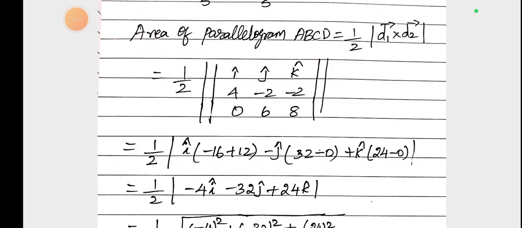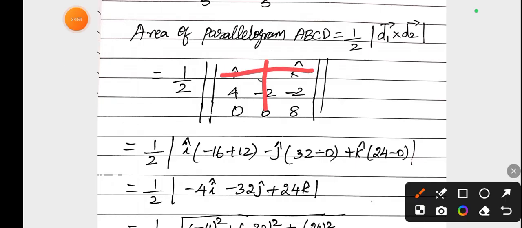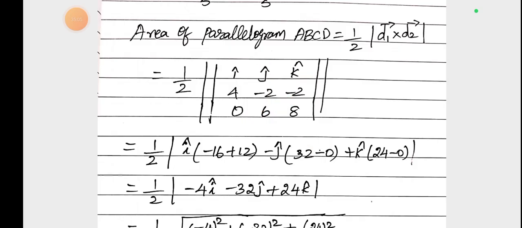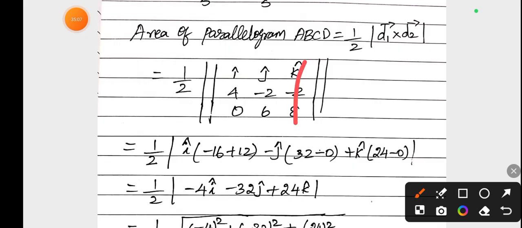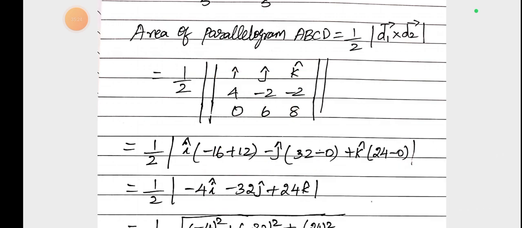Then j cap with minus, 4 8s are 32, then formula minus 0. Then k cap, 4 6s are 24, formula minus, anyway 0 into anything is 0 only. So minus 6 plus 12 is minus 4i, then minus into 32 is minus 32j plus 24k. Then they are taking the magnitude of this. This is what they are doing.